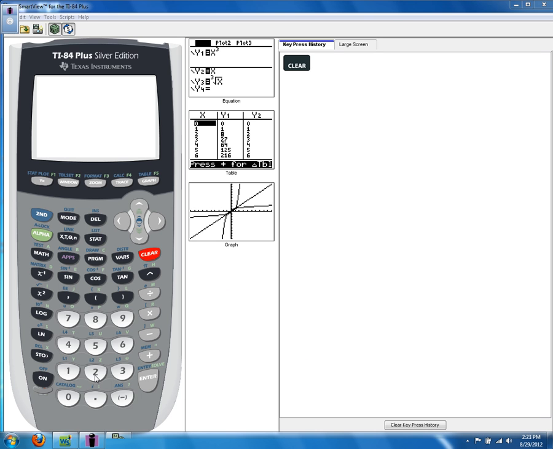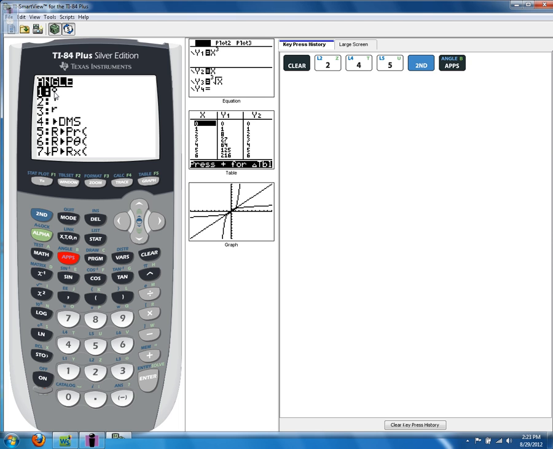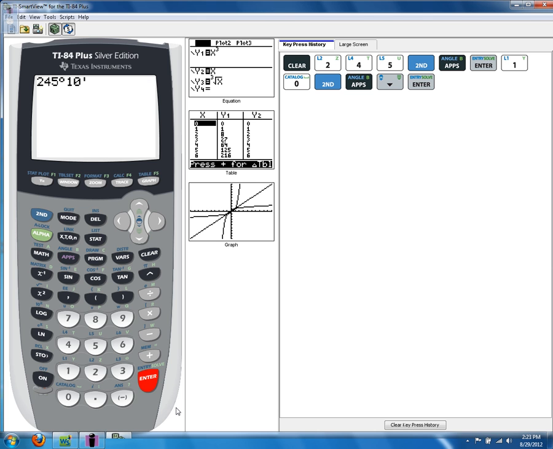I'm going to do 245, and then I'm going to go to this button that says angle. I'm going to do second, go to angle, and number 1 is degrees. So that tells me it's 245 degrees. I had 10 minutes, so I'm going to do 10, and then go back to angle. This is my minute, so I'm going to go down to 2. So that's 10 minutes. And we had 34 seconds.